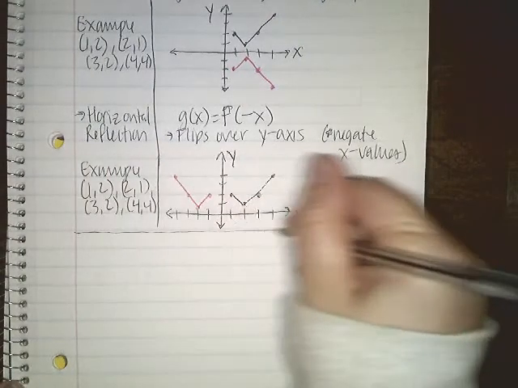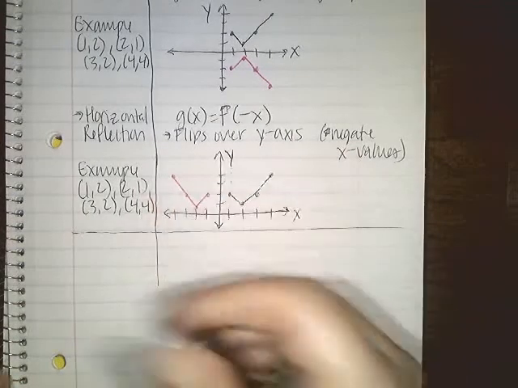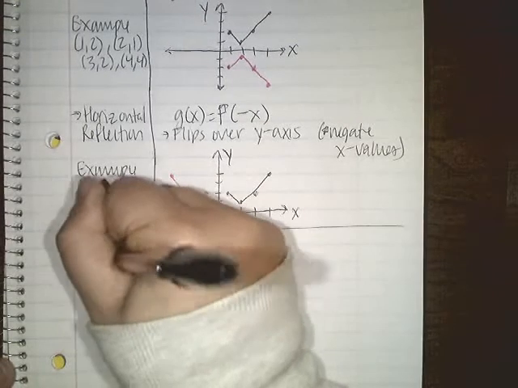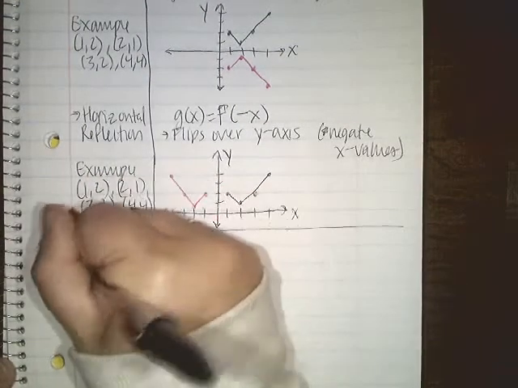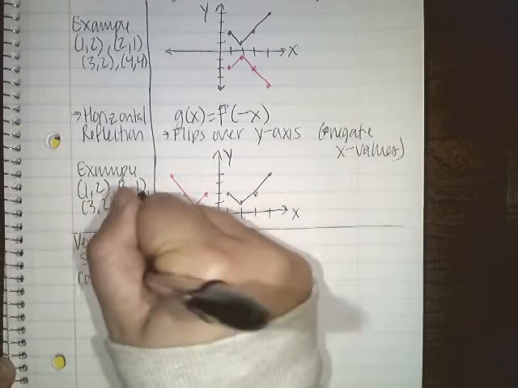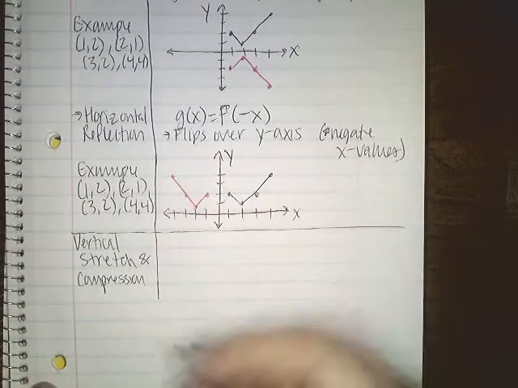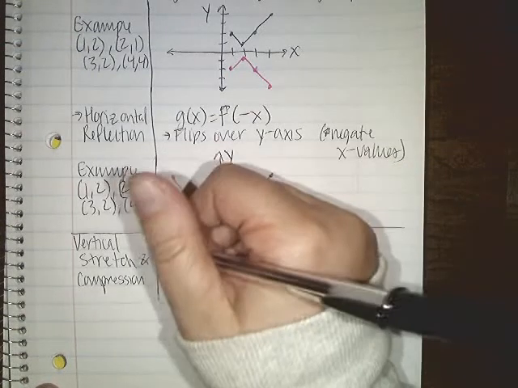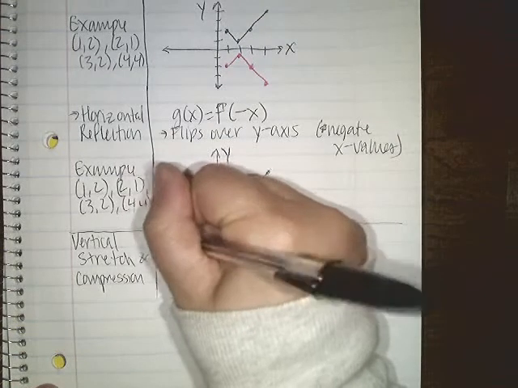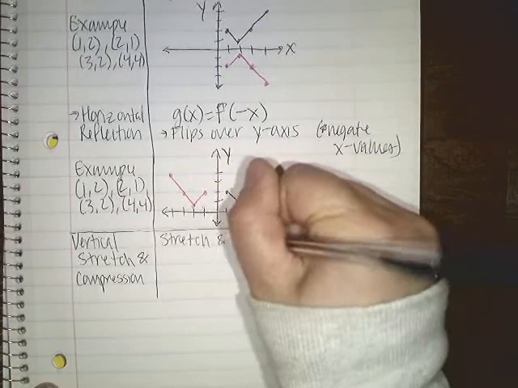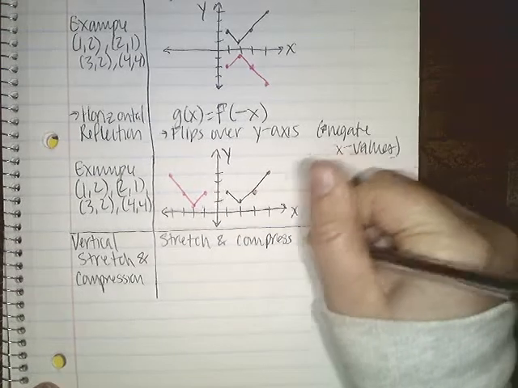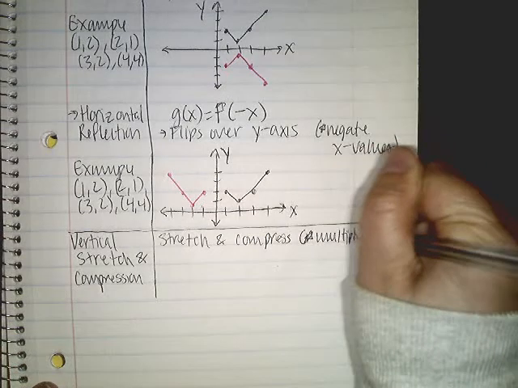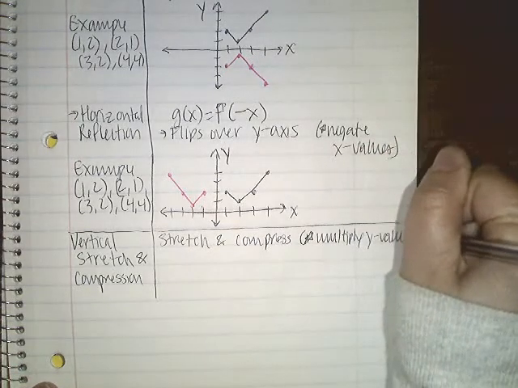The last type of transformation we're going to talk about today is vertical stretches and compressions. And these are going to stretch and compress the graph, as is stated in their title, but all you're doing here is multiplying y values by a constant.